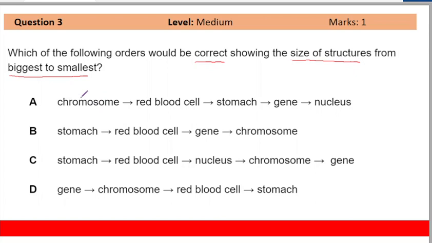It is present in the nucleus, so it is smaller, and chromosome contains genes. So this is the smallest, and stomach is an organ. This is the largest.